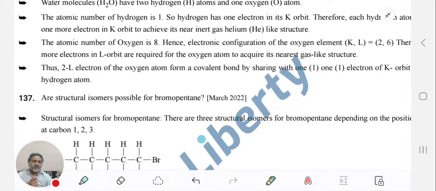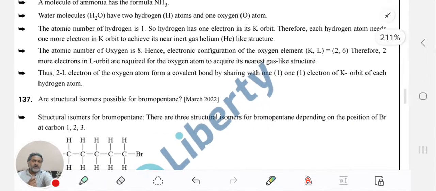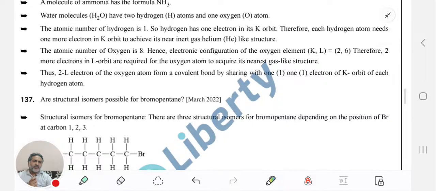The atomic number of oxygen is 8, hence the electronic configuration of the oxygen atom is K2 L6. Therefore, 2 more electrons in the L orbital are required for the oxygen atom to acquire the inert gas like structure. Thus, 2 L electrons of the oxygen atom form a covalent bond by sharing with 1 electron of the K orbit of each hydrogen atom.